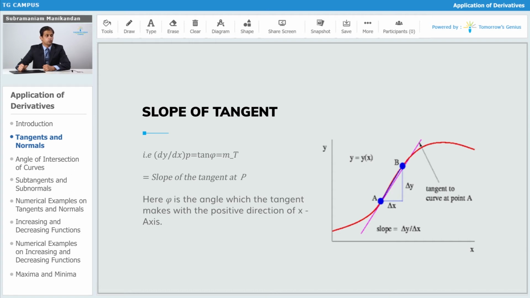And consequently, we obtain the slope of the tangent to this curve at the point A, which is again tan theta, as dy by dx. Like this, dy by dx at the point is equal to tan phi, where phi is the angle that line makes with the horizontal positive x-axis.